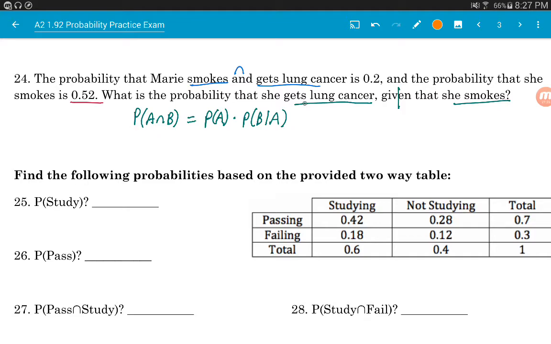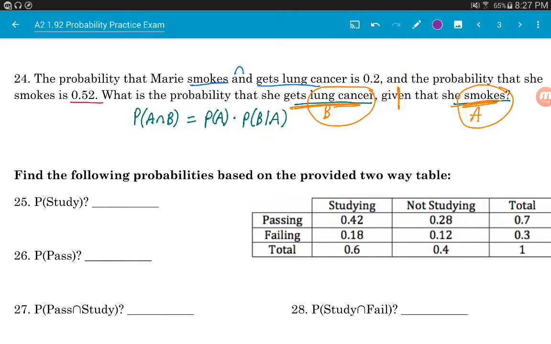So let's see. She gets lung cancer given that she smokes. So we have B given A. This is going to be B given A. So B is lung cancer and A is smokes.